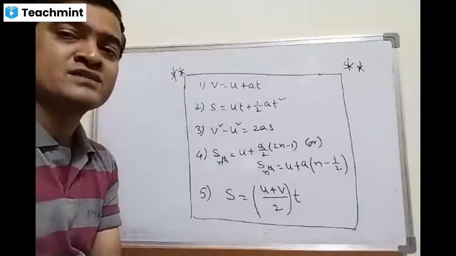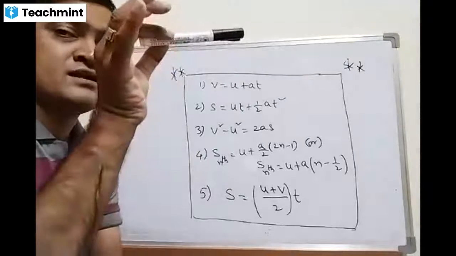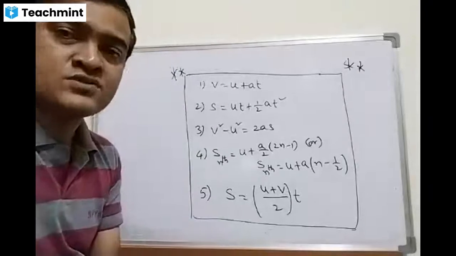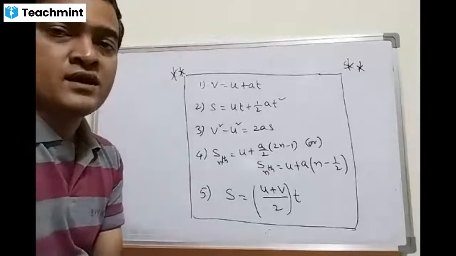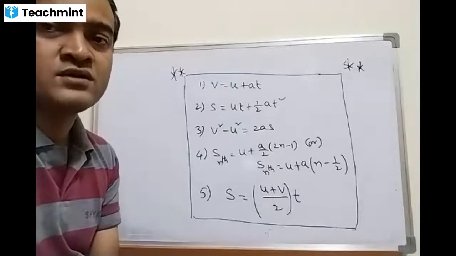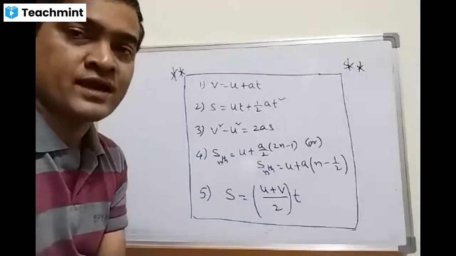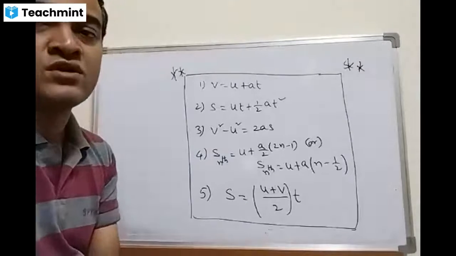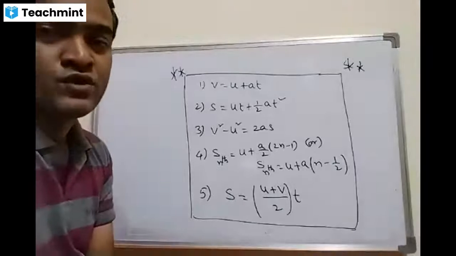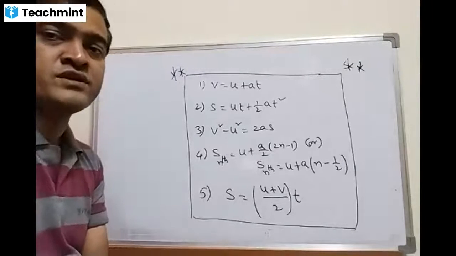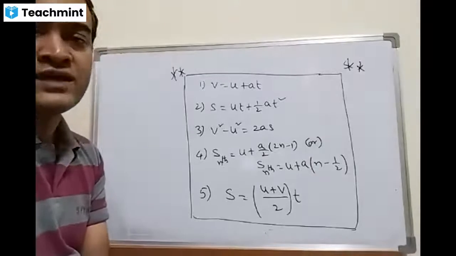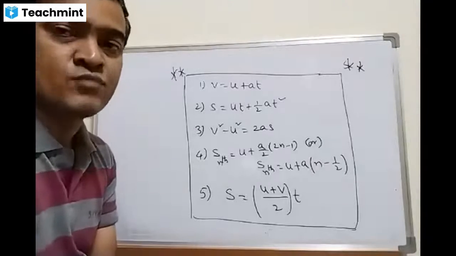That uniform acceleration under free fall is called acceleration due to gravity, and we denote it with a small g.